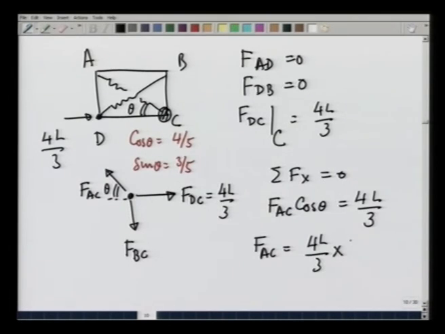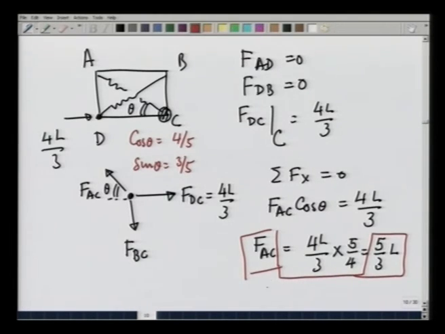So, that is 5/4, and this gives me 5/3 L. That is the tensile force on the rope. Now, similarly, if I do summation F_y, so again let me make the picture.